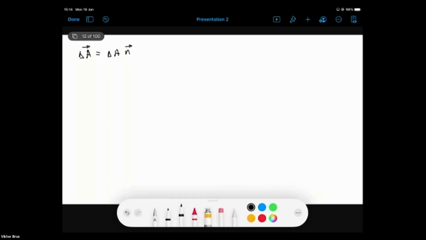So this is a unit vector, which only defines the direction of the normal to the surface element with the area delta A. It's convenient to operate with such a vector, which defines a small element of area, because it defines simultaneously both area and its orientation.